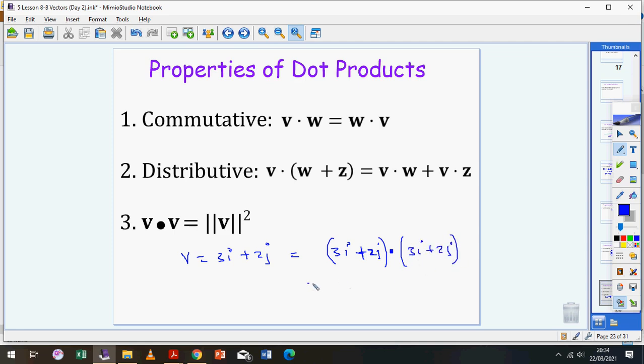So I'll multiply the x components or the i components, which will be 3 squared, and the j components, which will be 2 squared, right? I have 3 squared and 2 squared. And what you notice is this 3 squared and 2 squared, if it had a square root, would be the magnitude of the vector. But since it doesn't have a square root, it's the magnitude of that vector squared, if that makes sense. So the dot product of a vector with itself is simply equal to the magnitude of that vector squared. Simply that.